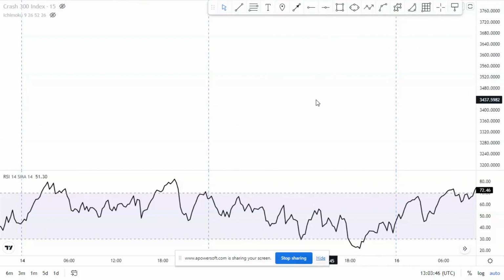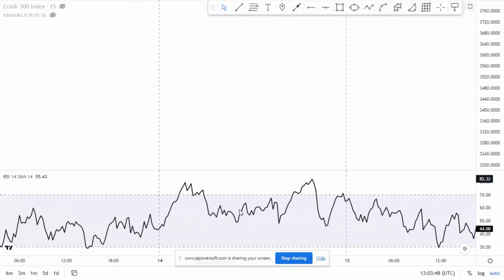Now, what is hidden divergence? Let me illustrate it in this box here. Let me explain it. The market can be moving like this, and then it will get that major high, and then it goes like that.